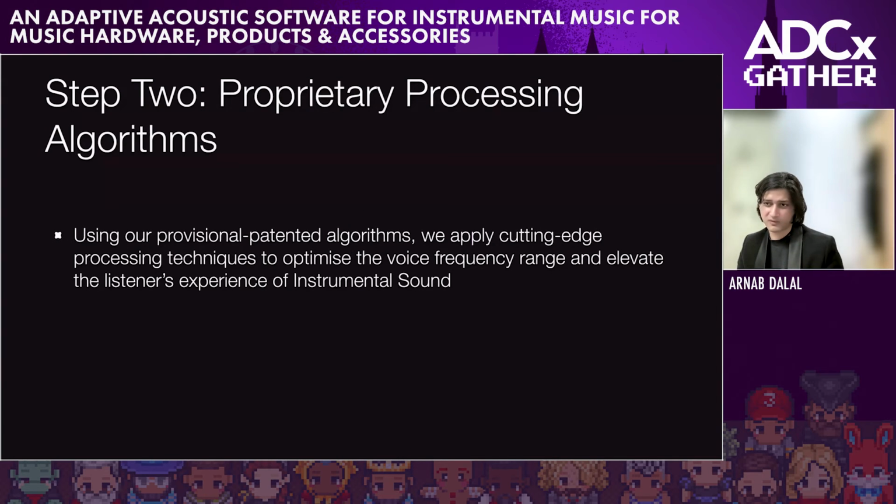It's very new age and cutting edge. Yeah, that's the exact word I would say. That's why we have the provisional patent on this as well. And again, our primary goal is to optimize this 2 to 4 kilohertz range, which is the most sensitive, and elevate the listener's experience of the instrumental sound.